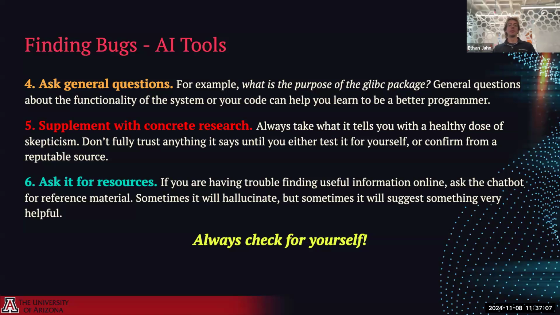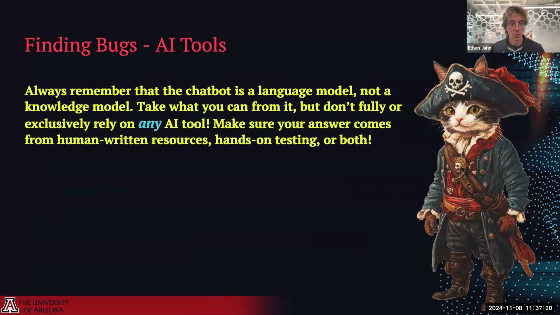Again, always check for yourself. The AI tools are great at giving suggestions, not results, right? So make sure to keep that in mind. Okay, so just a reminder, these chatbots are language models, LLMs. They're not knowledge models.